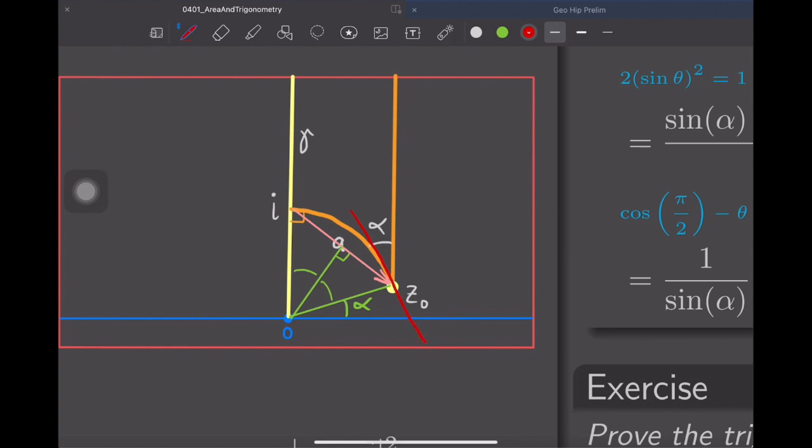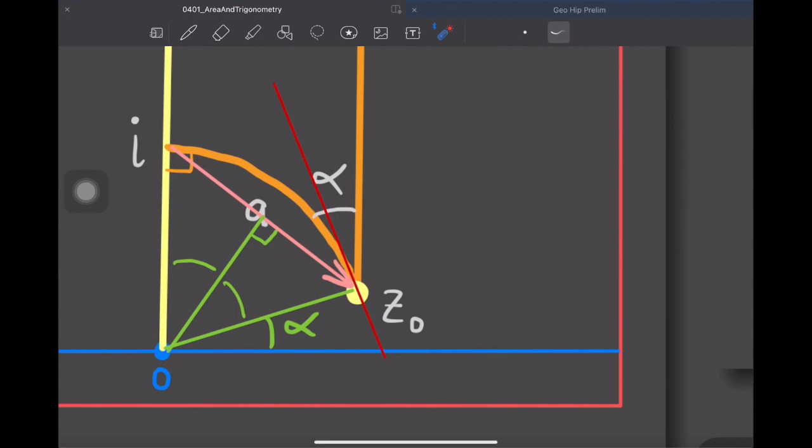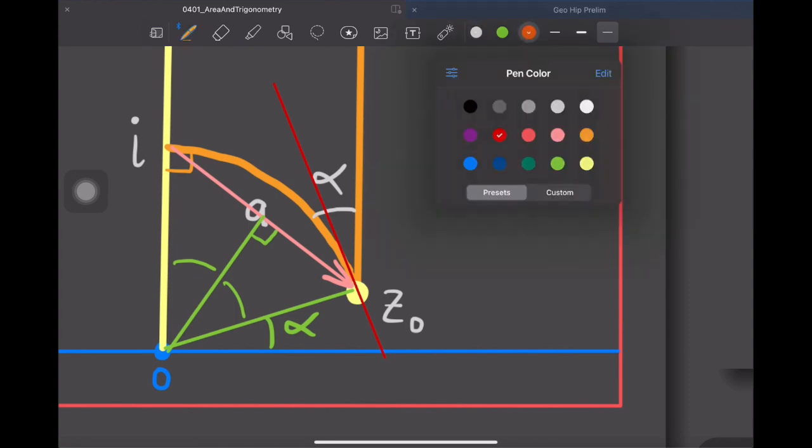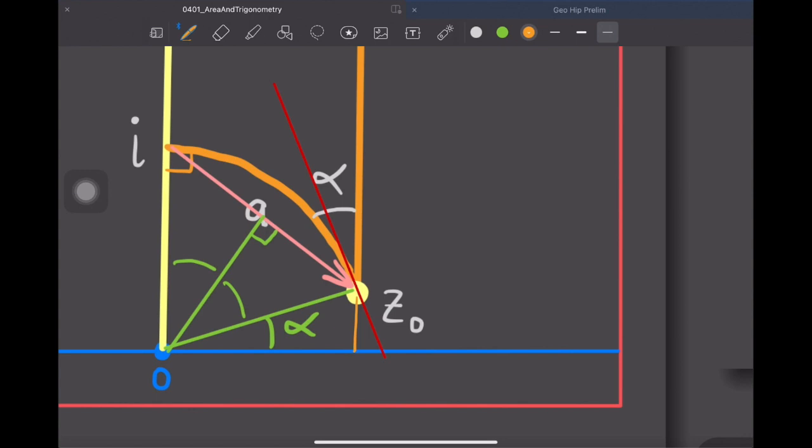I draw the tangent at this point to the circle. So here I have 90 degrees. Now I keep drawing the vertical here, so I have 90 degrees here. Okay, 90 degrees there and 90 degrees here.